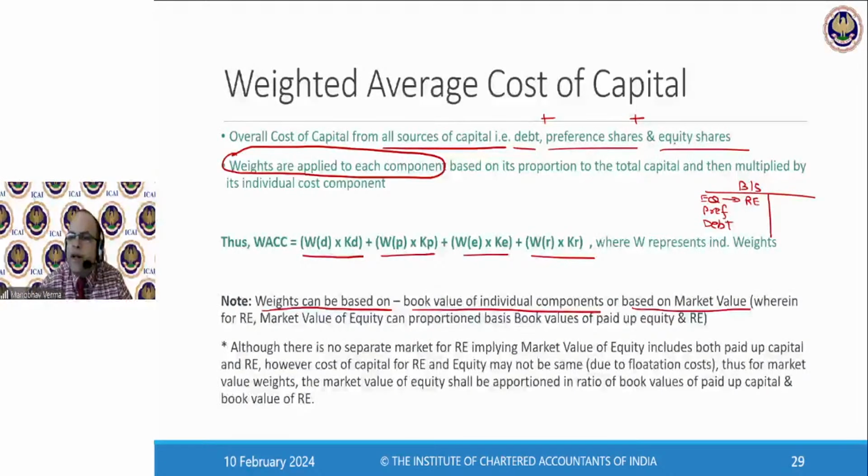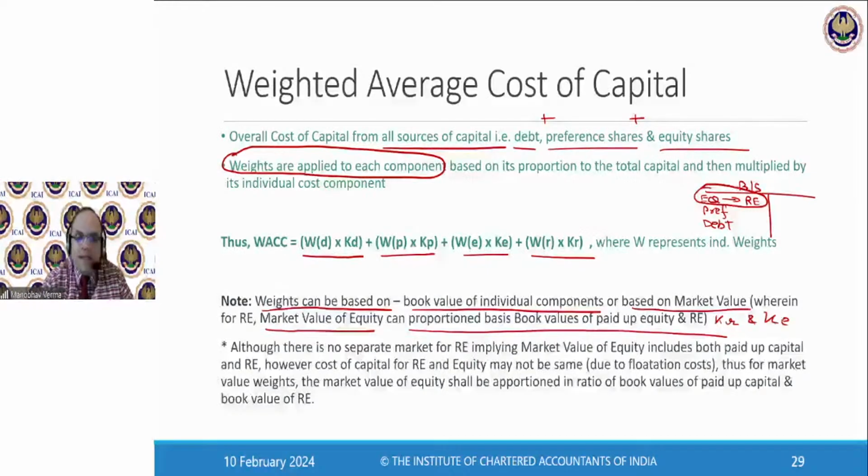So if we are taking market value of the equity, and market value is given, we have to apportion it between the book values of equity and retained earnings in case we have to calculate KR and KE. Don't worry, we will discuss this.